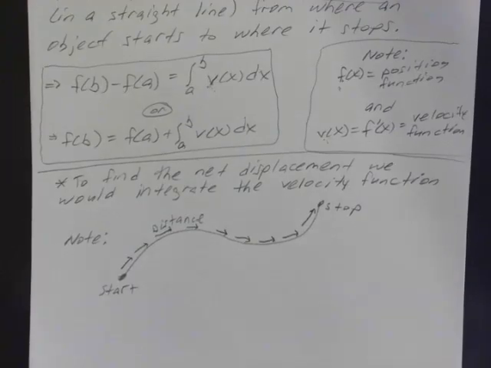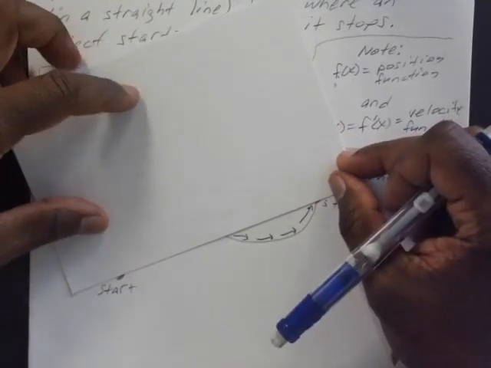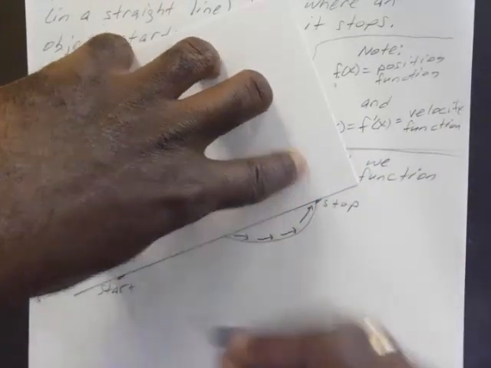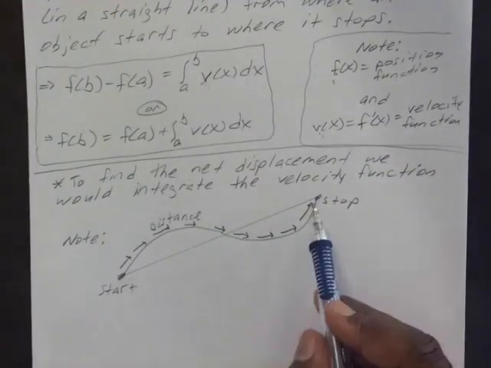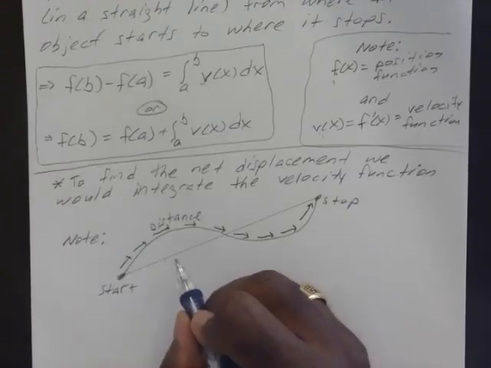But if we just draw a straight line from where we started to where we stopped, that measures your displacement.